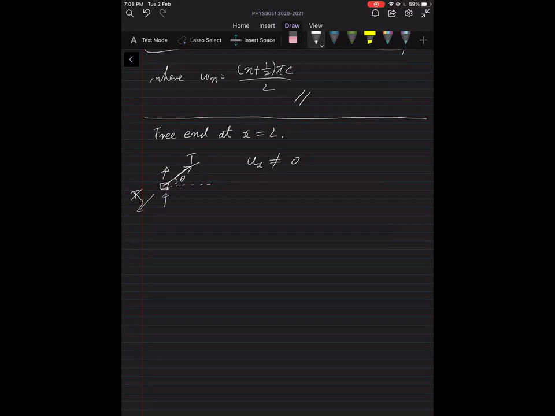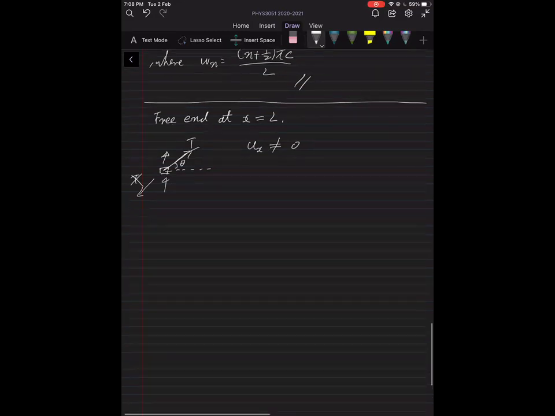So for the case of having no external force at the end here, the string has to be horizontal.